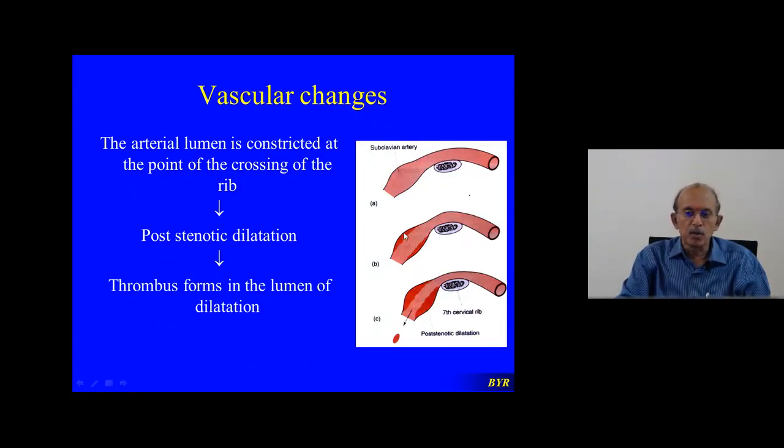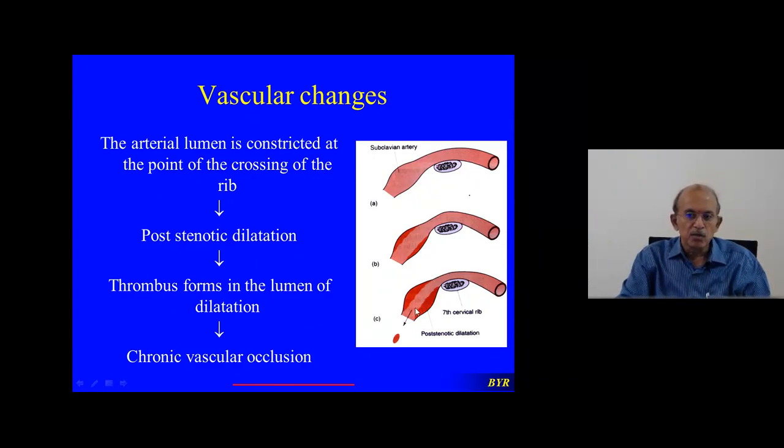Thrombus forms in the lumen of the post-stenotic dilatation. This thrombus can cause chronic vascular occlusion. So the angulated vessel itself is not going to cause the obstruction. What is going to cause obstruction is the post-stenotic dilatation, thrombosis, and occlusion.